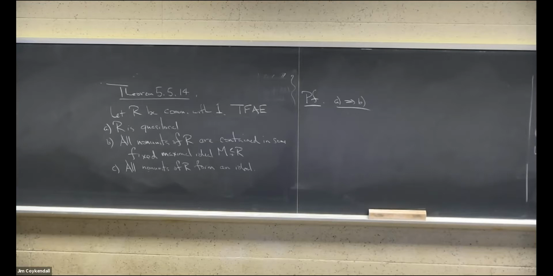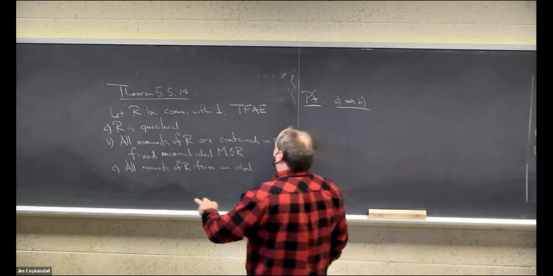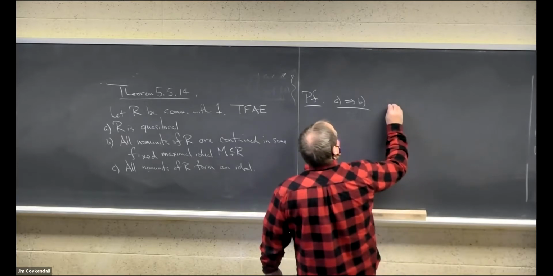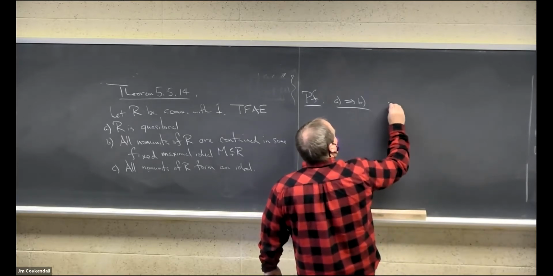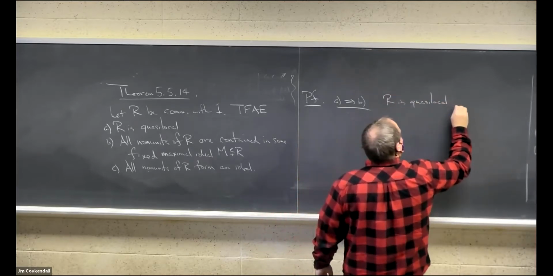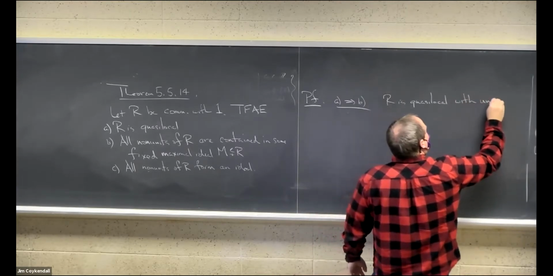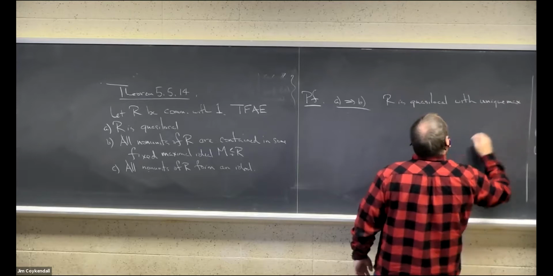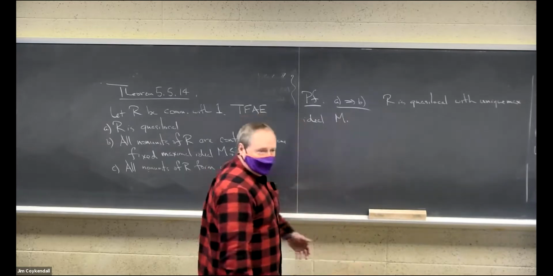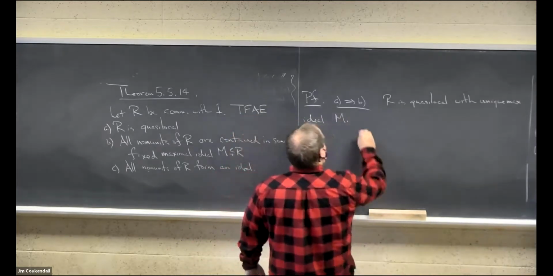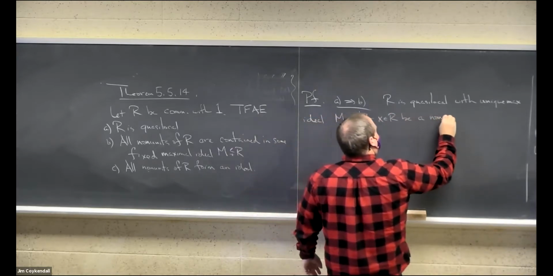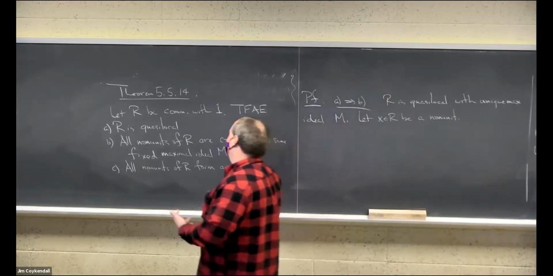It means it's only got one maximal ideal. We want to show B, all non-units of R are contained in some fixed maximal ideal M in R. Well, R is quasi-local with unique maximal ideal M. So let x be an arbitrary non-unit.